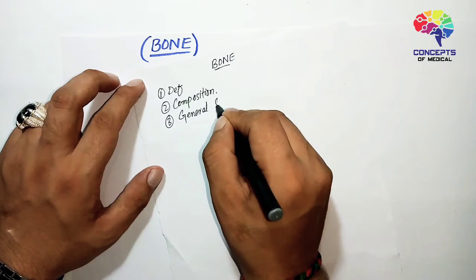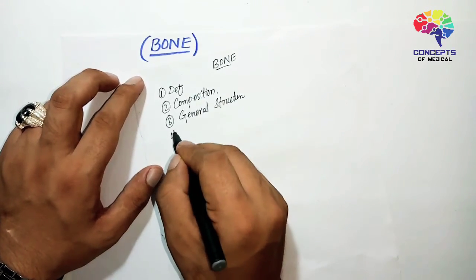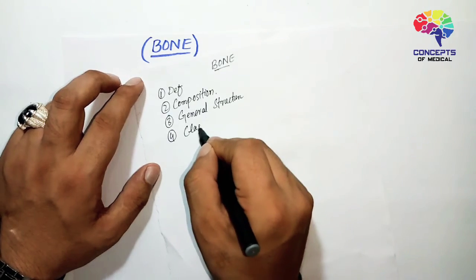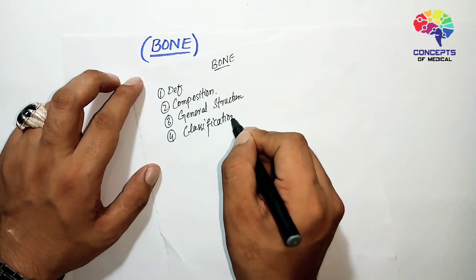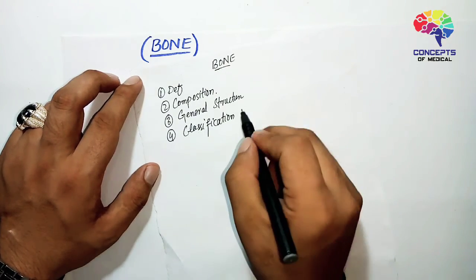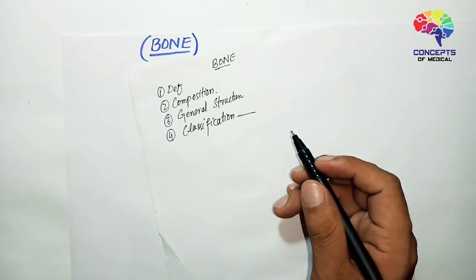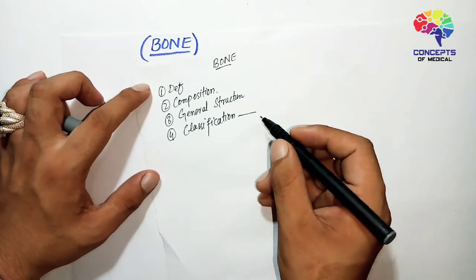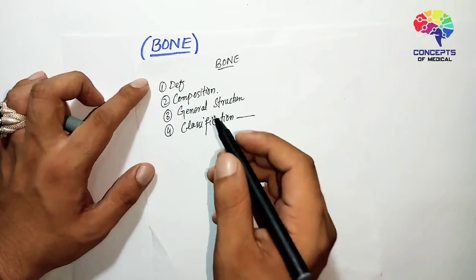And in the fourth part we will discuss its classification. Classification is very important, and we will discuss classification on different bases, on the basis of shape, composition, and many other classifications. We will discuss it in later videos.